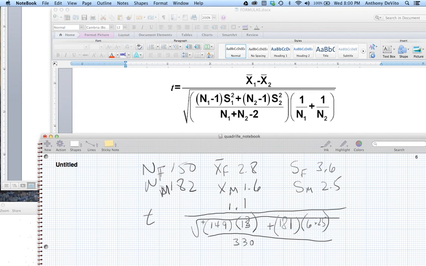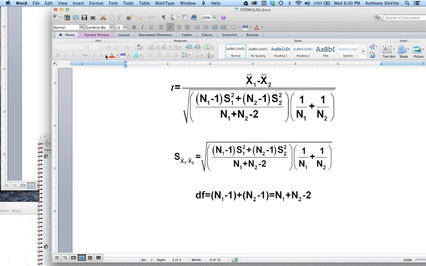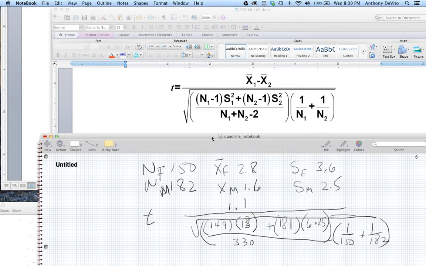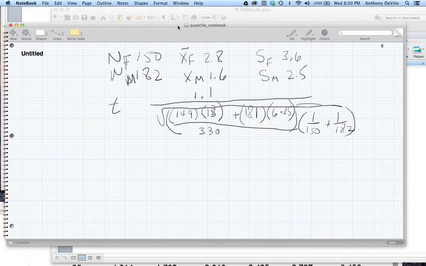Okay, so all of this goes into one parentheses. And then we multiply that by 1 over 150 plus 1 over 182. Now we just go through the hard work of doing this calculation, hopefully without messing it up. So t is equal to 1.1, and I'm going to try to resolve this bottom part.